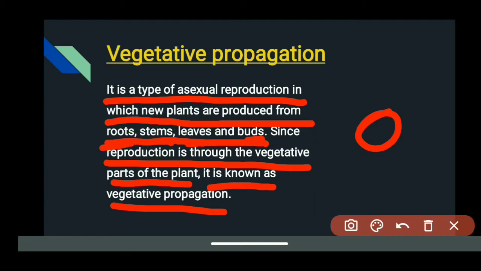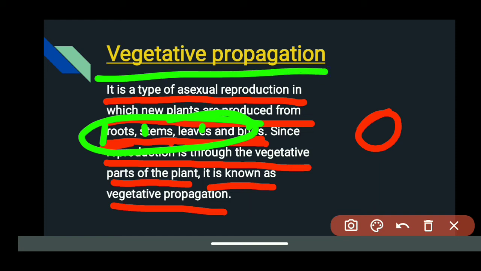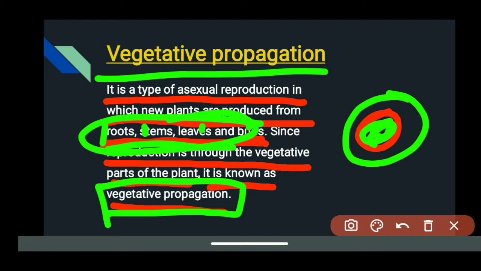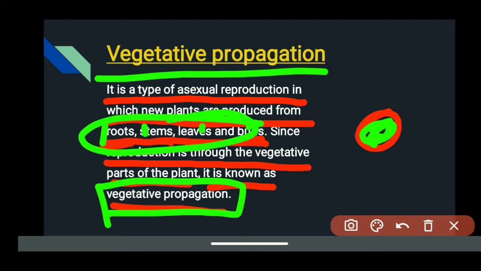We get new offspring from roots, stems, leaves and buds, and hence these are all included under vegetative propagation.